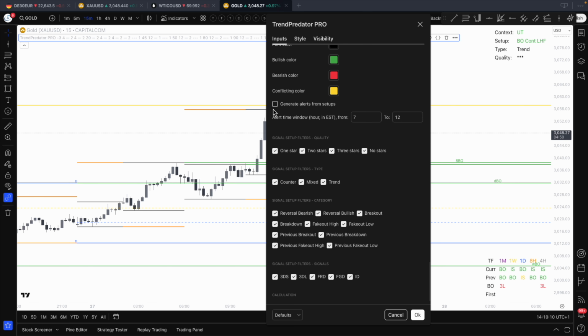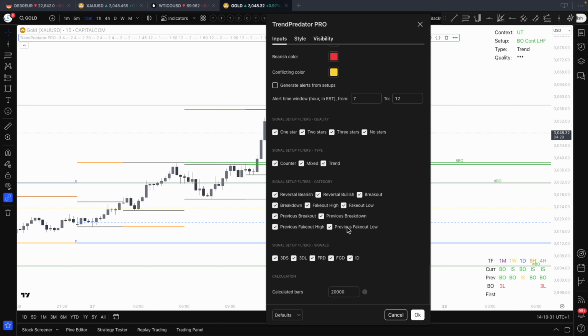Then this might be interesting. You can let TrendPredator generate alerts from setups. So you can specify here, send me alerts. You can specify your alert window, and then you can specify only for 3 stars, for example, only trend trades or only reversals, and only with specific Stacey Burke signals. So this can also be interesting. What you have to do is activate alerts for TrendPredator.